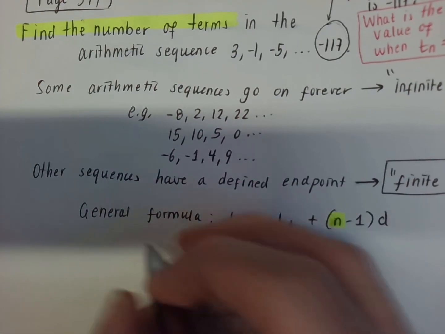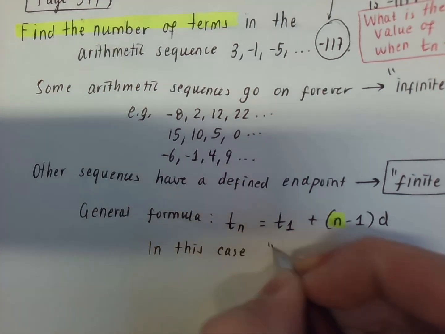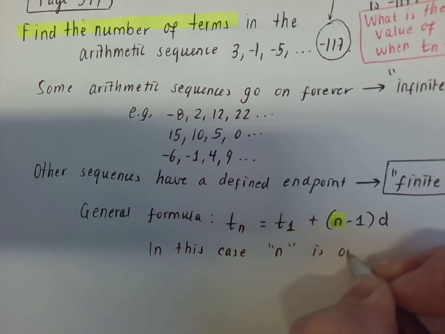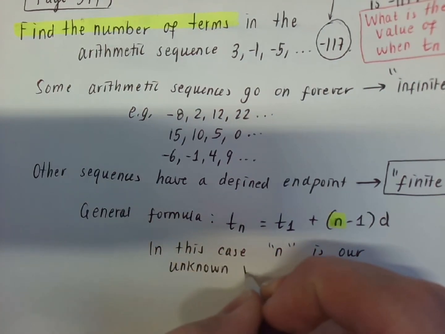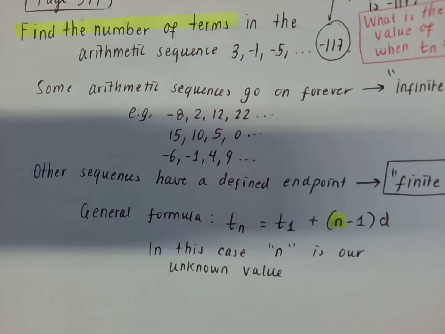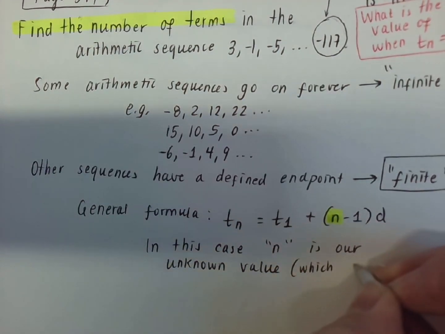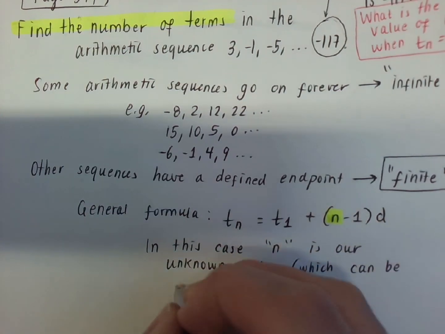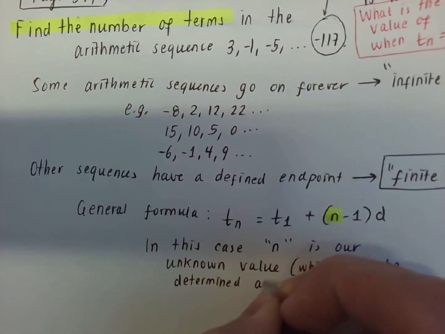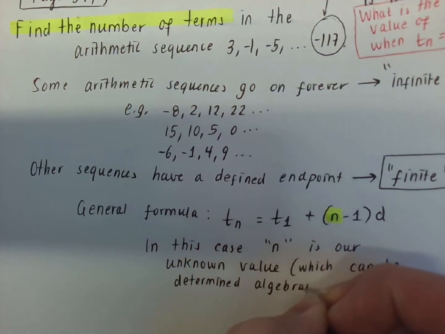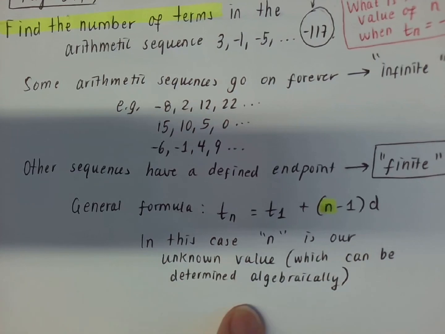In this case, n is our unknown value, which can be determined algebraically. As long as we only have one unknown, we're pretty much good.